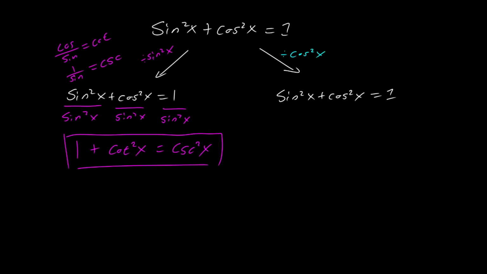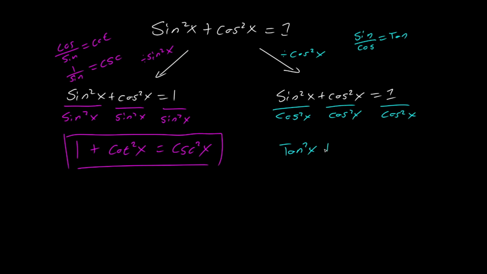Okay, let's do the same with the cosine. Divide everything by cosine squared x. Alright, so sine squared x divided by cosine squared x, well, that is just the tangent squared of x, because sine over cosine is equal to tangent.